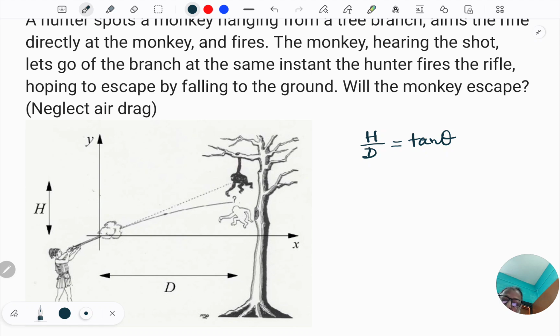At any instant t, when the x coordinate of the bullet is d and y coordinate is, suppose, y, then we write d is equal to u t cos theta, where u is the initial velocity of projection, and y is equal to u t sin theta minus half g t square.